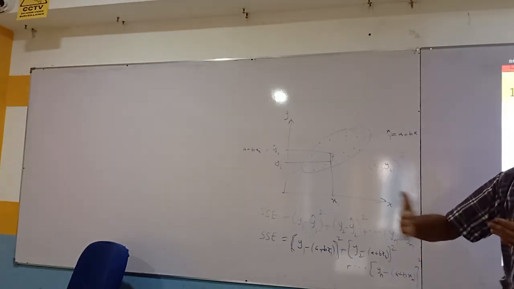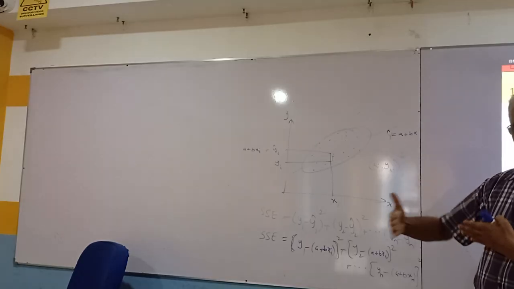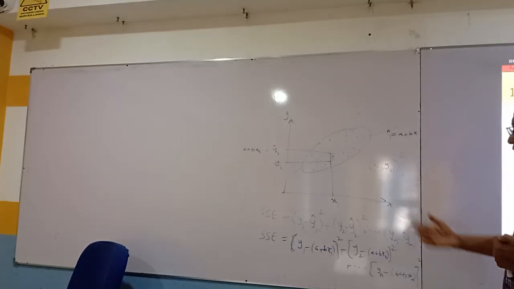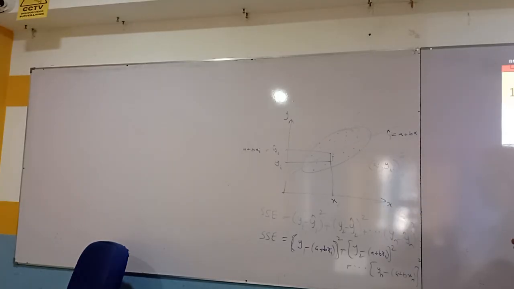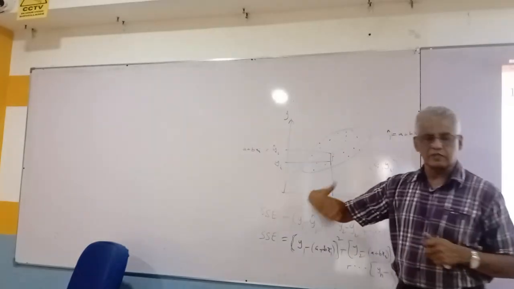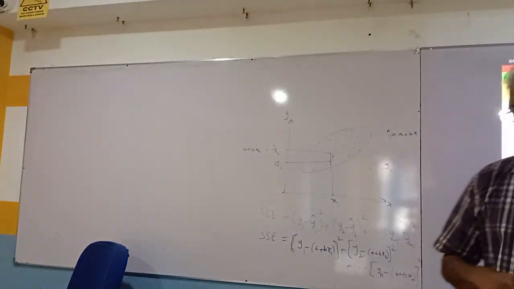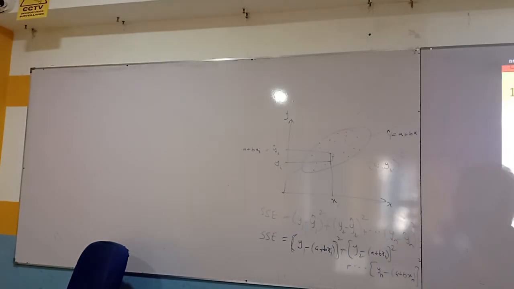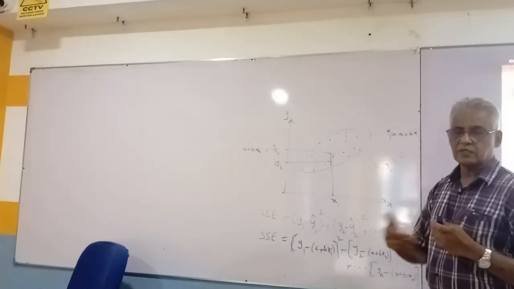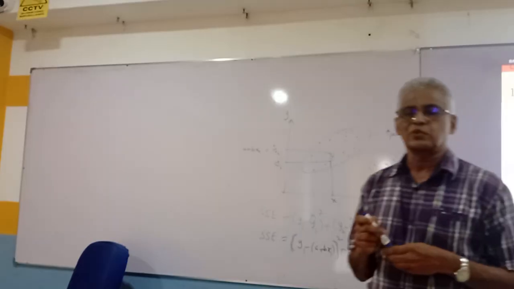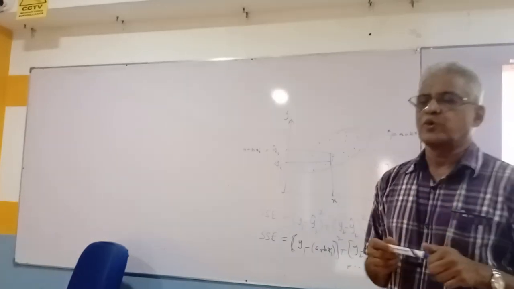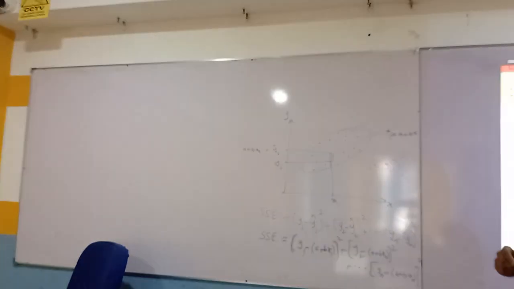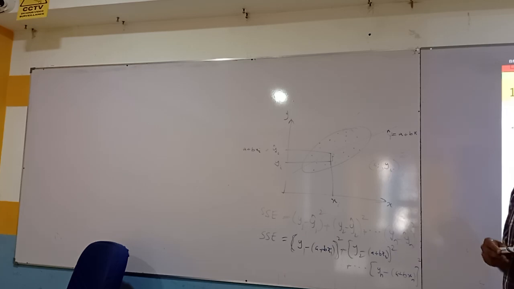We can give different a values and different b values, and then the SSE will be different for each case. So what are the values of a and b that give you the minimum of this quantity? How do you find those two values? There are two unknowns, of course, therefore you need two equations.